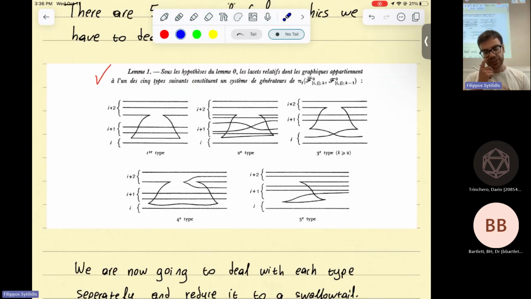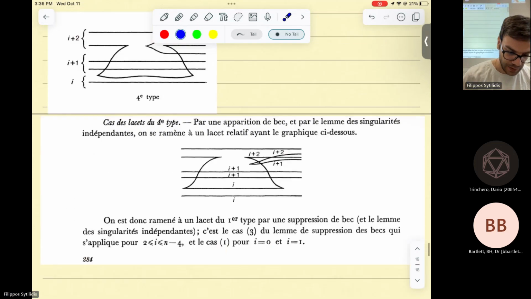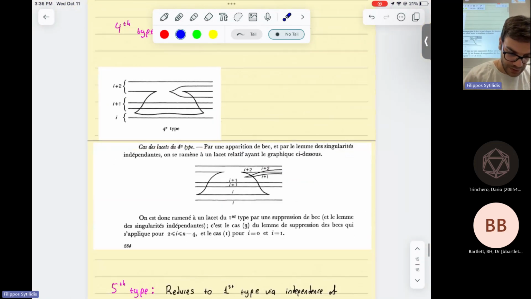Type 3 is the hardest, so I'm going to leave that for the end. I'll go to type 4. This is the type 4, and I'm doing basically two bigs.